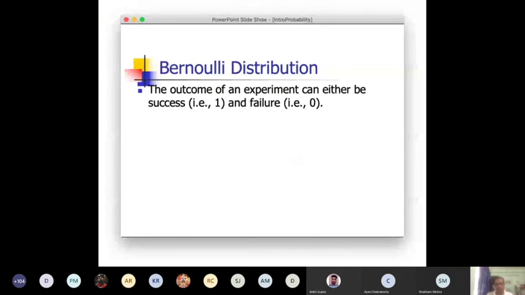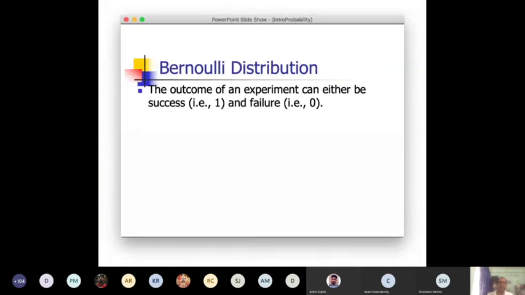Given this, let us also consider some kinds of experiments and the distributions they follow. And given those distributions, you can consider what the expectation and the variance of that distribution are.